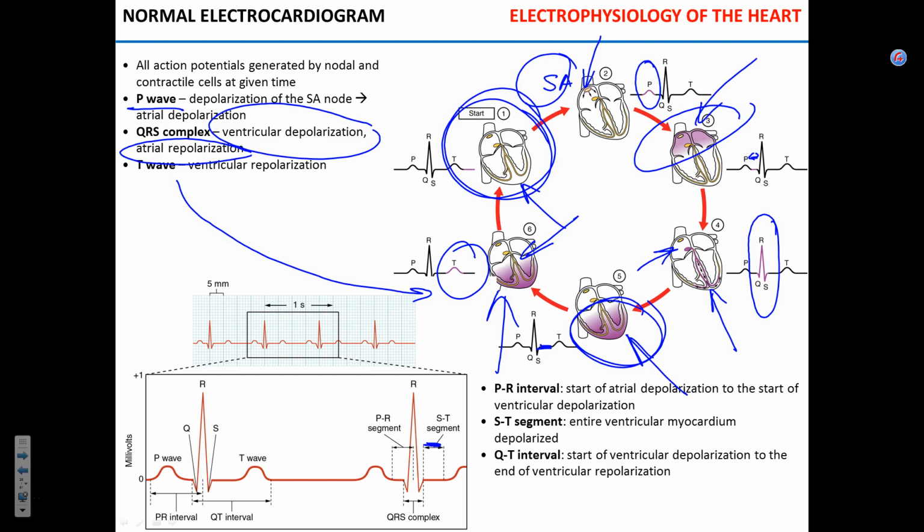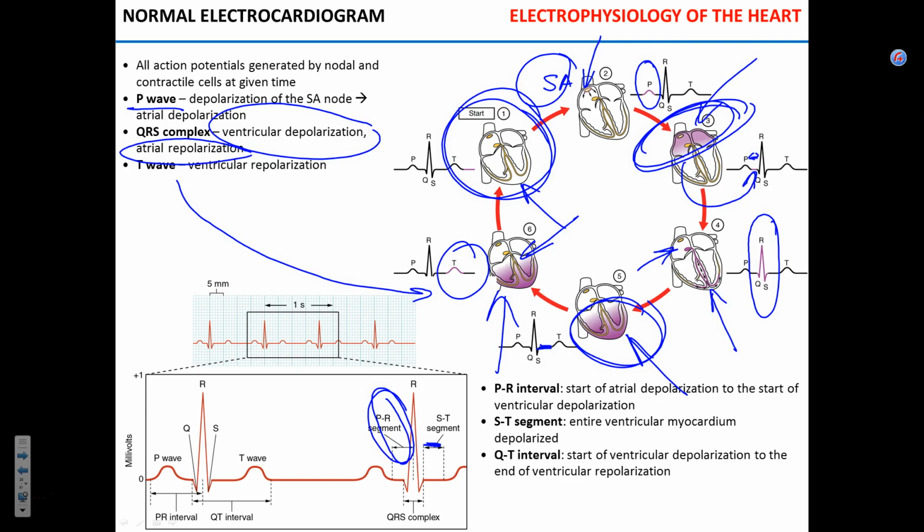Now, the segments and the intervals. So there are two segments. Since one of them is only on the picture, I promise there will be no question about it, but I'm telling you. So PR segment here, it's the time when the entire atrium is depolarized. Okay, so this is your PR segment.